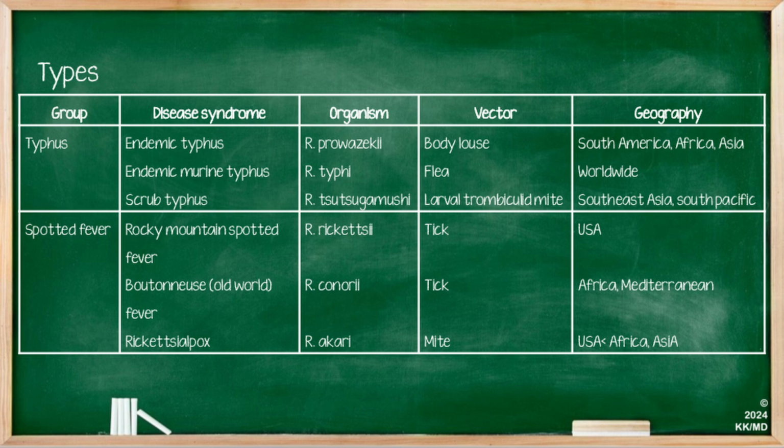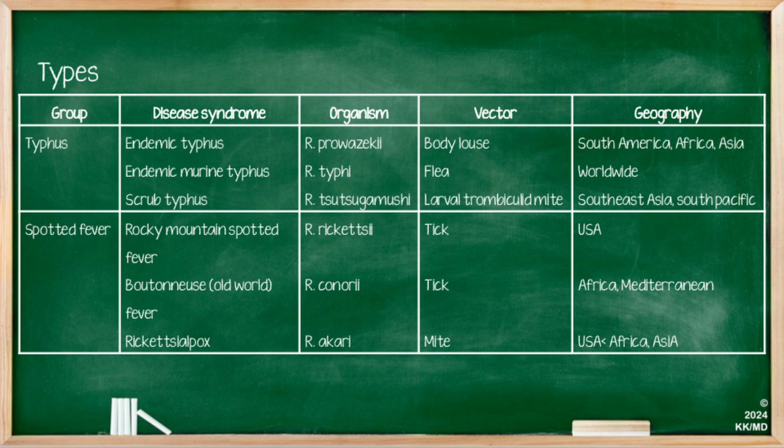So let's talk about Rocky Mountain spotted fever, which is probably the commonest type that you need to know about. This is caused by Rickettsia rickettsii. It is a tick-borne disease, and it is predominantly, as the name suggests, found in the Rocky Mountain area of the USA. The Bhutanese or the Old World fever is caused by Rickettsia conorii.